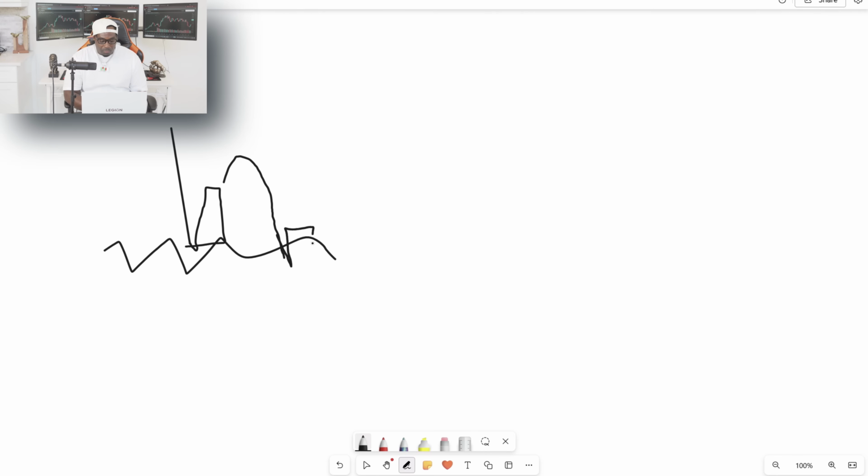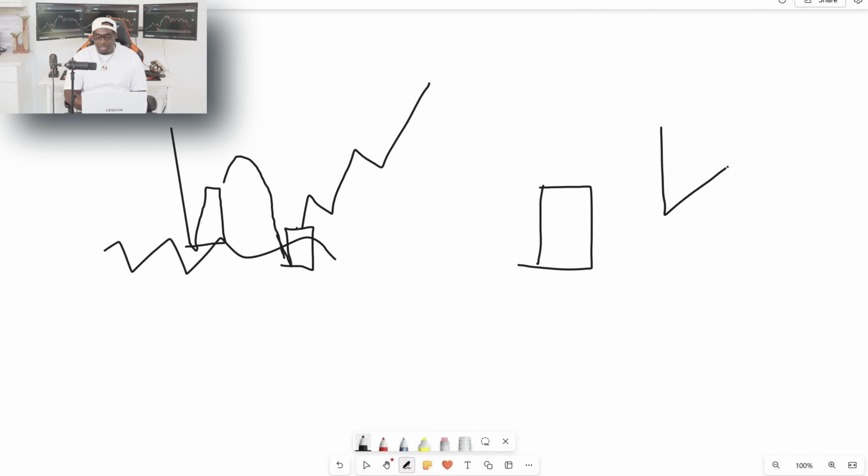The reason a double reaction is pretty good at this level is that it's showing us it tried to go down more than once and it can't. Now the market is going up, so it's giving you more confirmation. Or you look for a strong candlestick formation at a level, or a possible trend line break at a level.